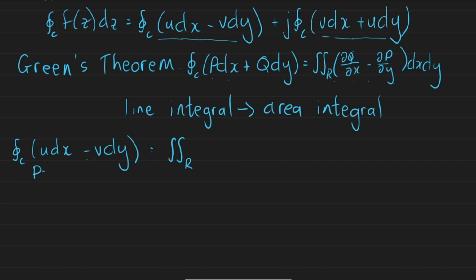Here p is equal to u, and q is equal to minus v. So we have dq/dx, which is minus dv/dx, since that's what q is equal to. And then we have minus dp/dy. p is u, so we have du/dy, and dx dy.